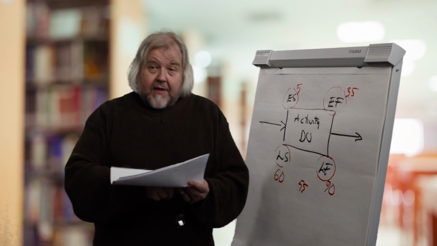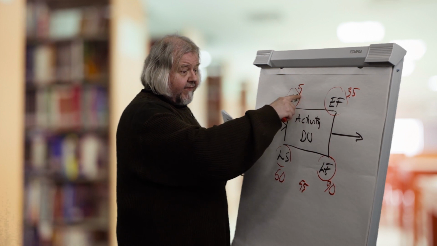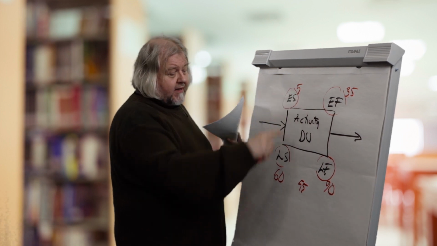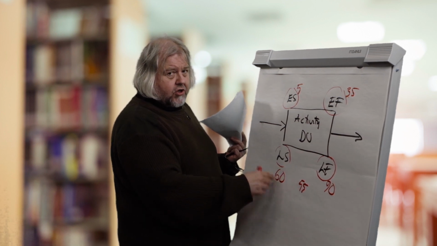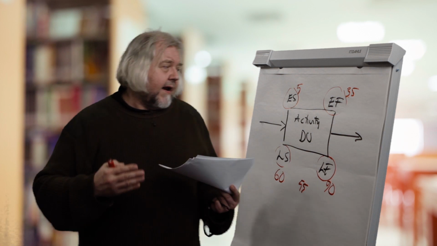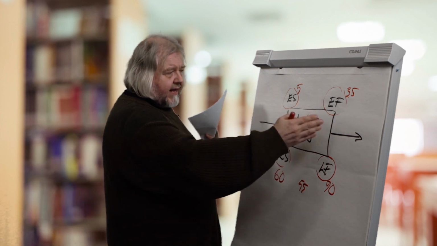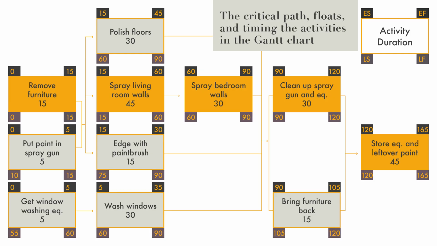Which means that we can start this activity at the earliest at the point of time 5, but we must also start that activity at the latest at the point of time 60. So we have a float, which is a kind of allowance for us where we can start or execute those activities at different points of time. And this is really useful when we, for example, have some resource constraints. We can shift the places where these non-critical activities are conducted without delaying the whole project.